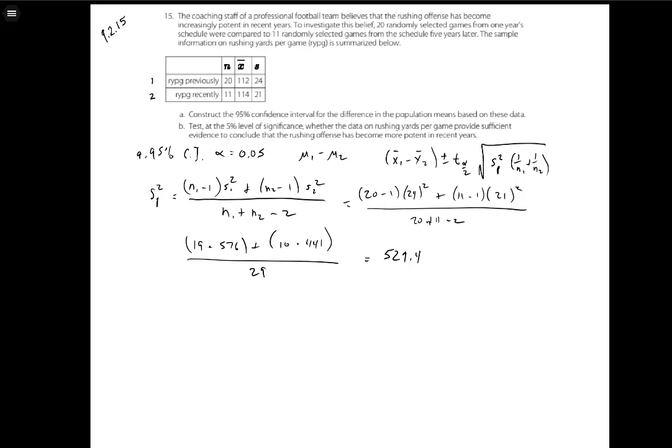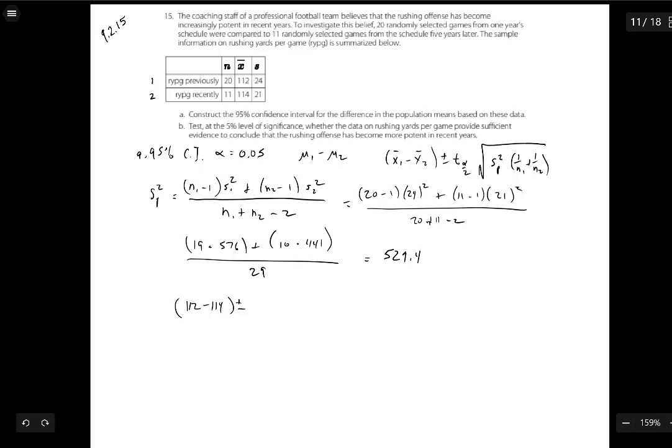Let's go back to the whole equation we have for our confidence interval. We have the average of the first sample minus the average of the second sample, plus or minus.